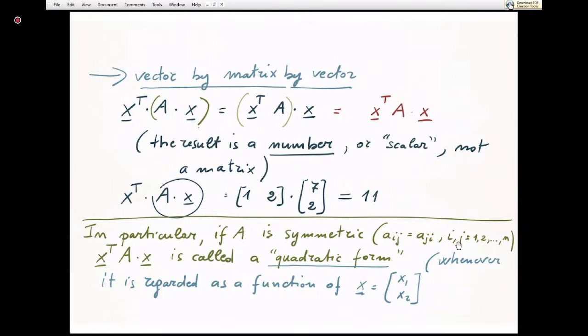So if A is symmetric, X transpose times A times X is called a quadratic form whenever it is regarded as a function of the vector X. So here X is not just a vector of numbers, it's a vector of variables, x1 and x2. So when we have this vector by matrix by vector structure, in which the matrix is square and symmetric, and the vector is a vector of variables having the same dimension as the matrix, a 2 by 2 matrix means a two-dimensional vector, then the result of this operation is called a quadratic form.